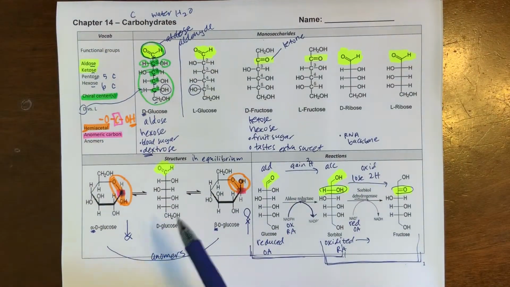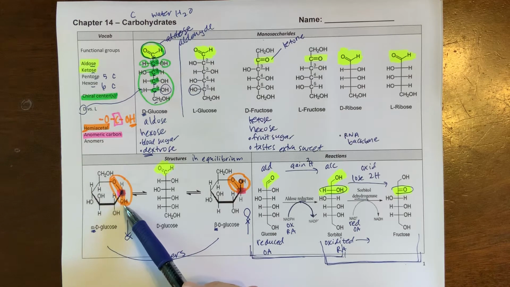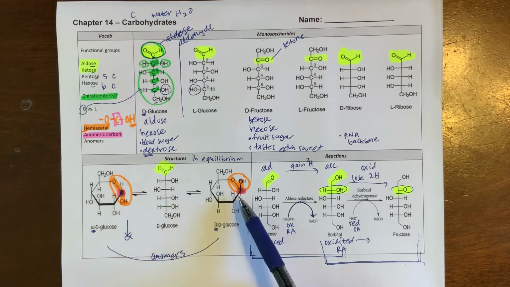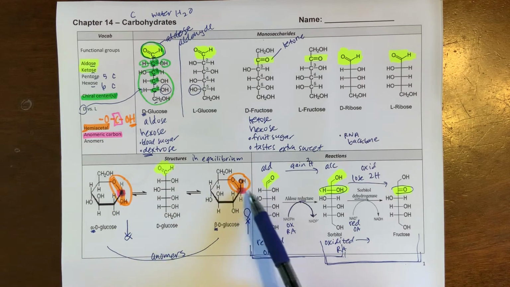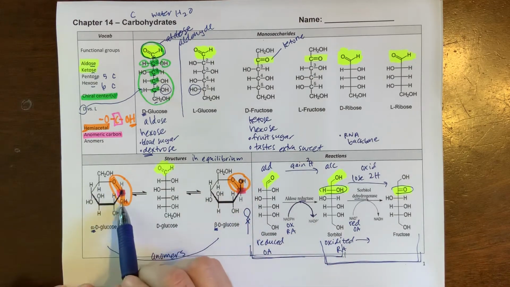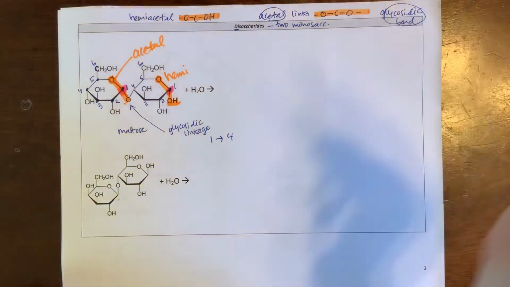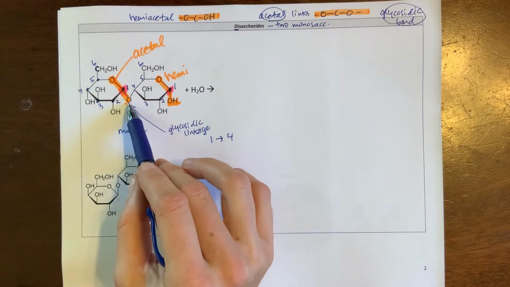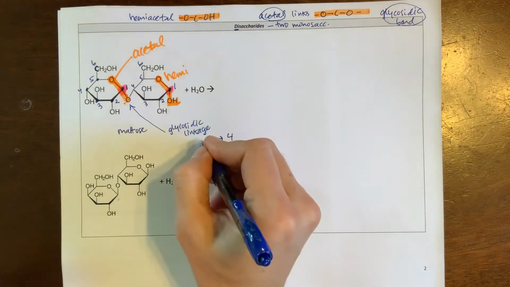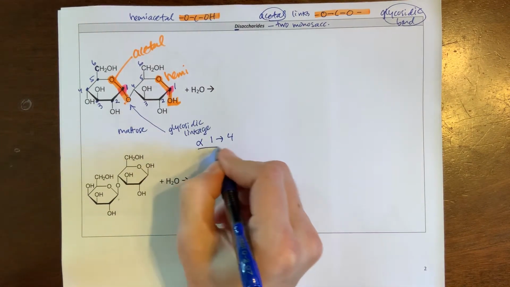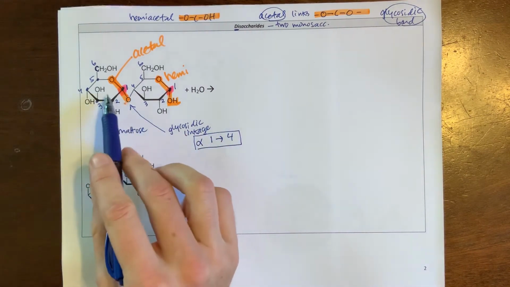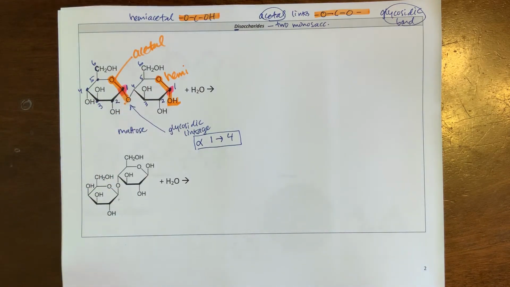This is where I come back to the anomers I looked at before. If the orientation is angled down, it's an alpha linkage. If the orientation at that acetal is going up, for the O, it's a beta linkage. So down is alpha, up is beta. Looking here, it's pretty clearly going down, and so I call this an alpha 1 to 4 linkage that's holding these two glucose molecules together.